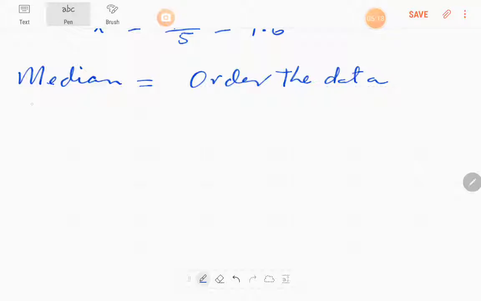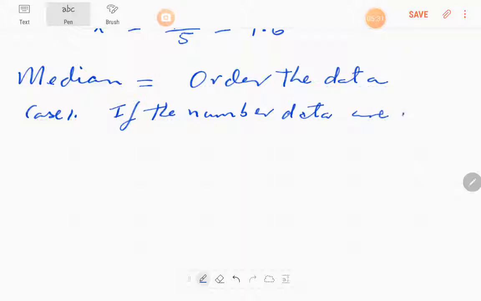So case 1, if the number of data values is odd, then the middle number would be the median.